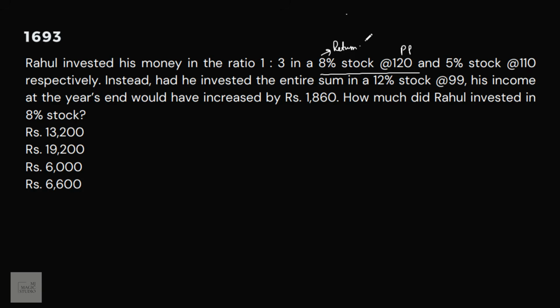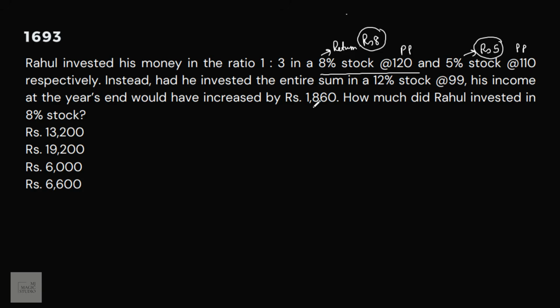Return is 8%, that is rupees 8 only, because normally base price is taken as 100. And a 5% stock at the rate 110, here return is rupees 5 per stock, but purchase price is 110, in the ratio of 1:3.